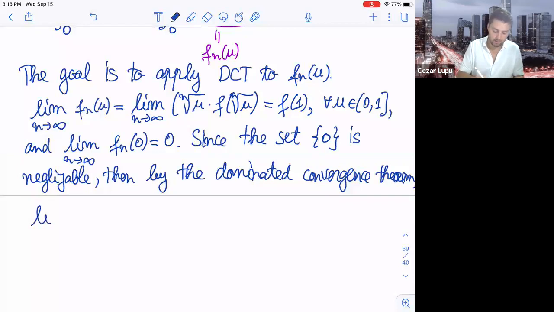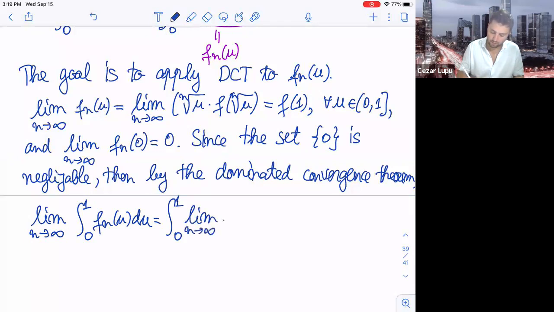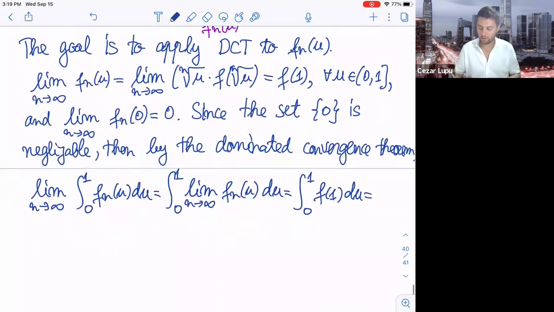The limit as n approaches infinity of the integral of f_n of u du is nothing else than the integral of the limit as n approaches infinity of f_n of u du, but since that's negligible, this would be the integral from 0 to 1 of f of 1 du, which is nothing else than just f of 1, and that's it.